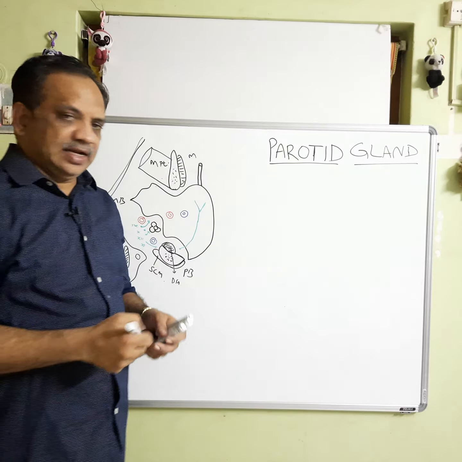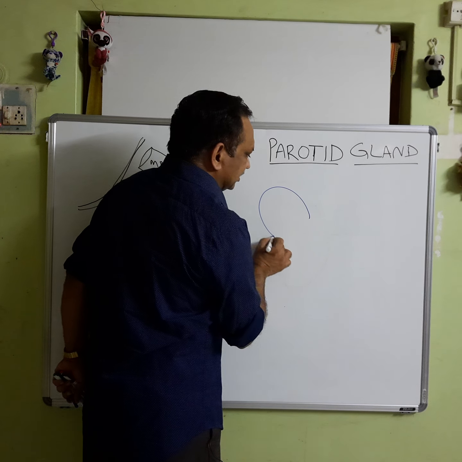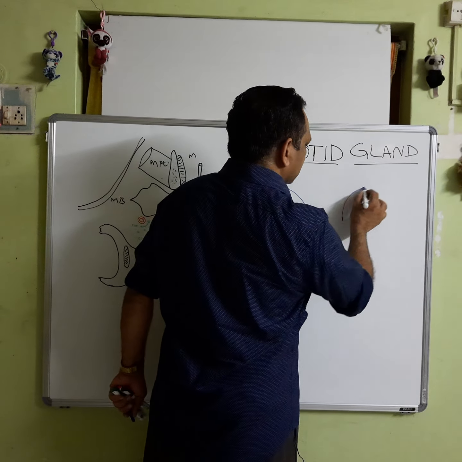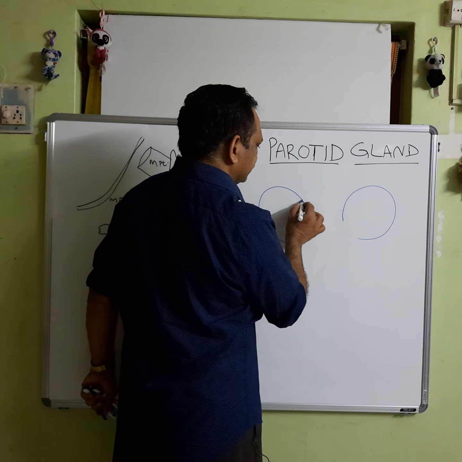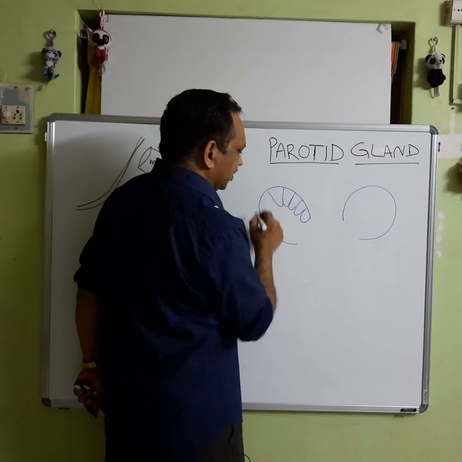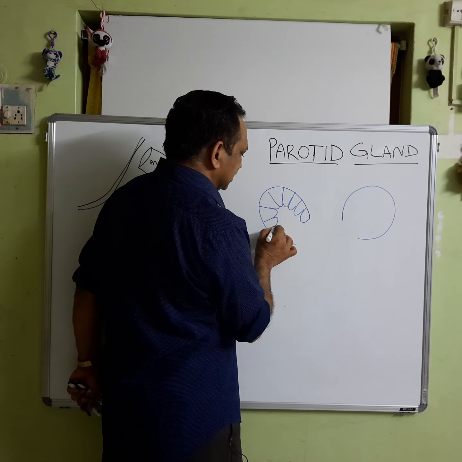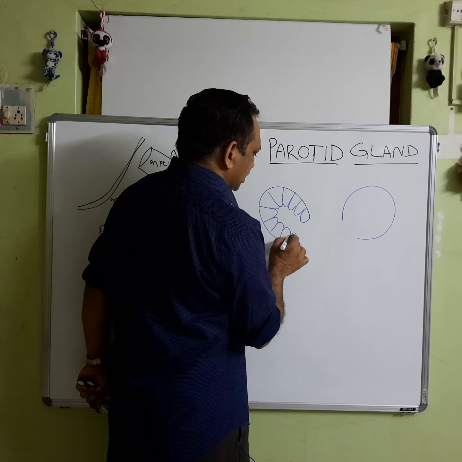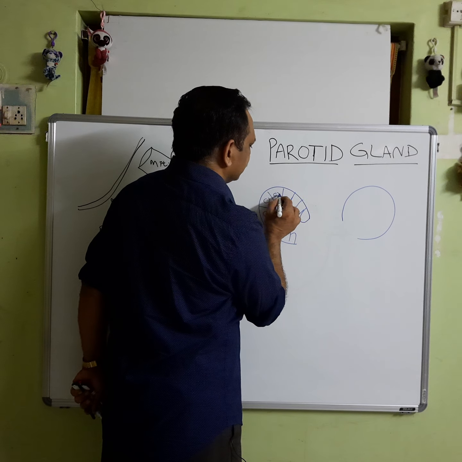Details we will see in another class, but briefly, the serous acini are like this, and they are lined by the serous alveoli. Serous acinus is pyramidal shape with rounded nucleus in the center.